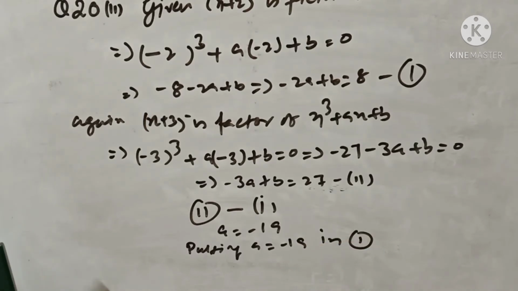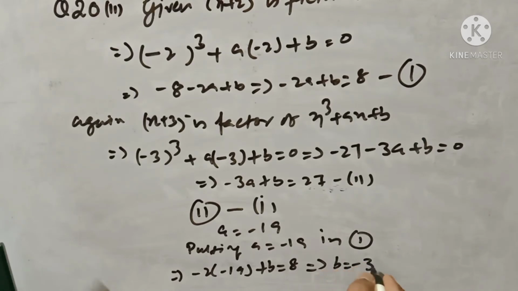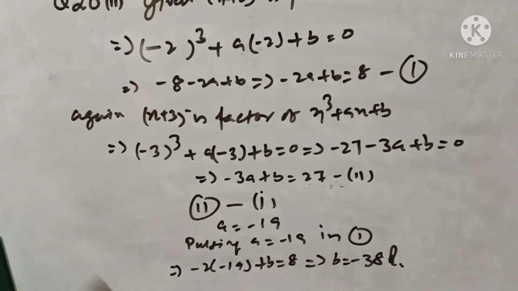So it will come minus 2 into minus 19 plus b equal to 8. This implies the value of b will come minus 38.